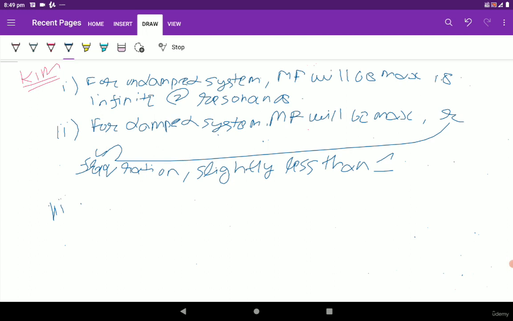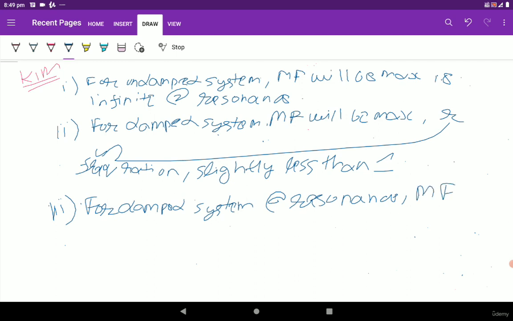And the third point is that for a damped system at resonance, the magnification factor will be near to maximum.